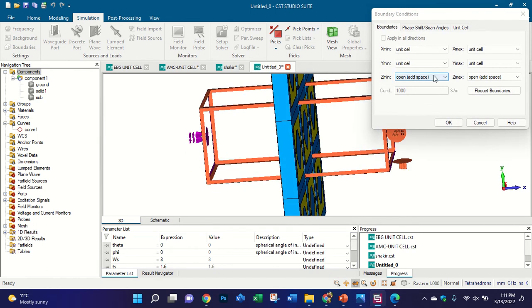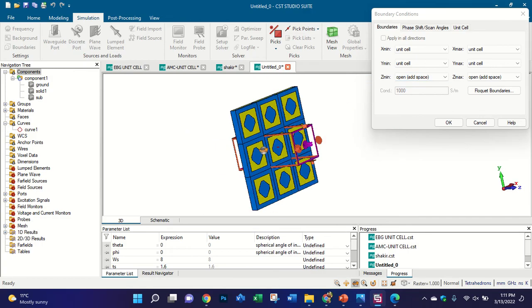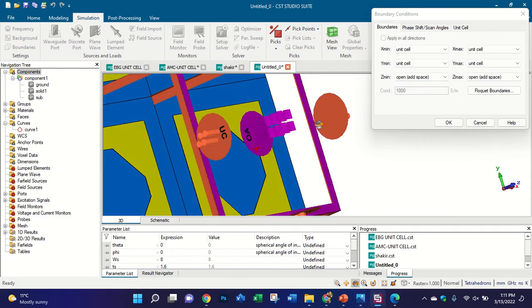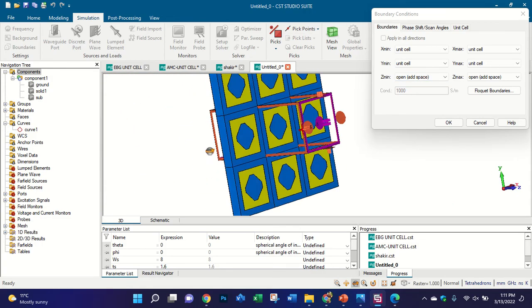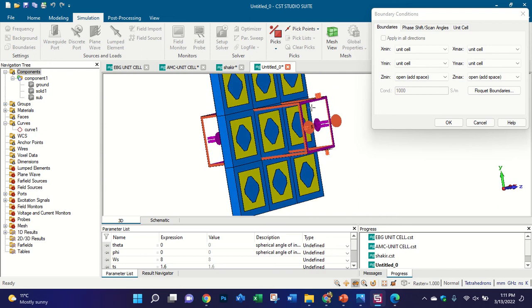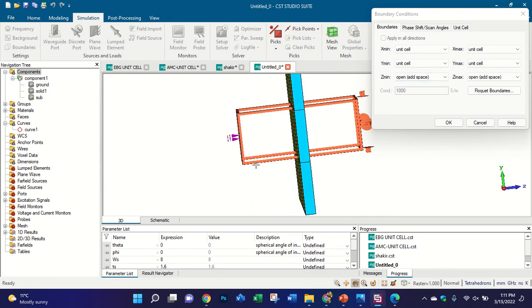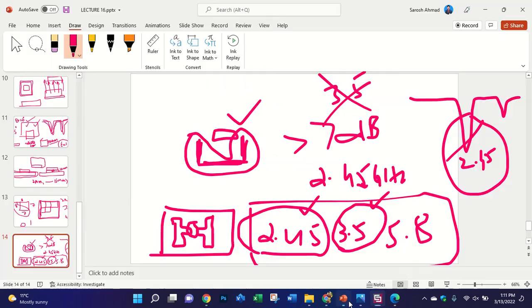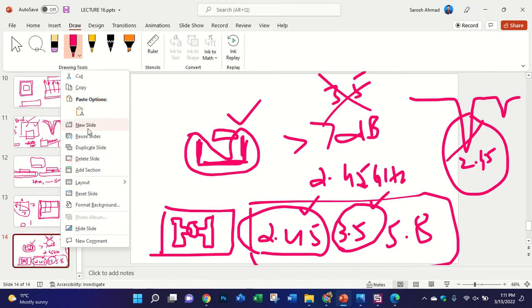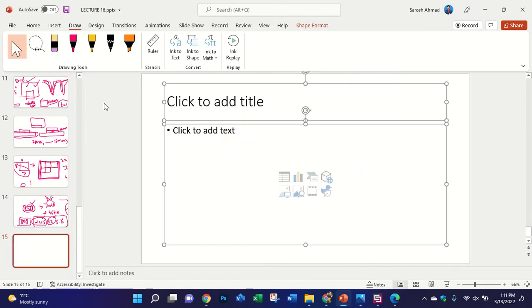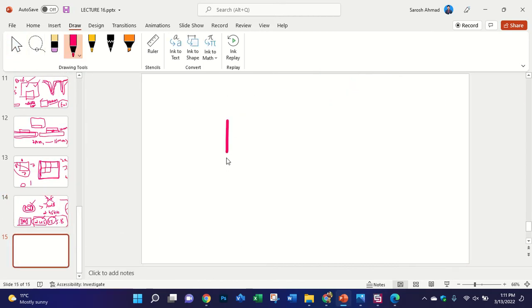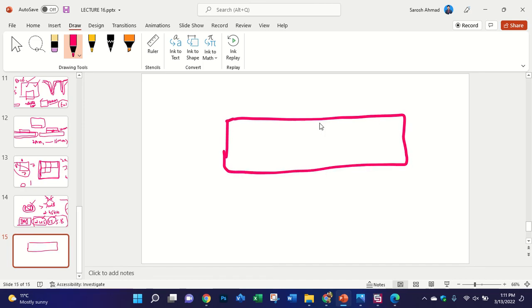Maybe you can see here whether there is an option or not. Let me draw here. This is your boundary, and this is a unit cell in between them.